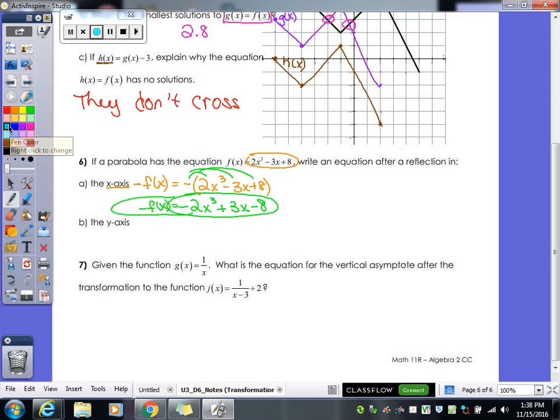So if we're reflecting over the y-axis, where does the negative go? It goes in for the x. So that means all of your x's in the equation you have to plug in a negative x for. So it's 2 times negative x cubed minus 3 times negative x plus 8.